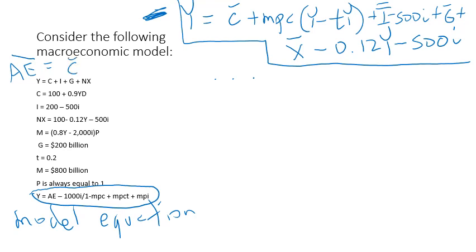It's autonomous C plus autonomous I plus autonomous G plus autonomous X. And all of that, well, I don't want to put the numbers in yet, all right? I'm just talking generally speaking, all right?